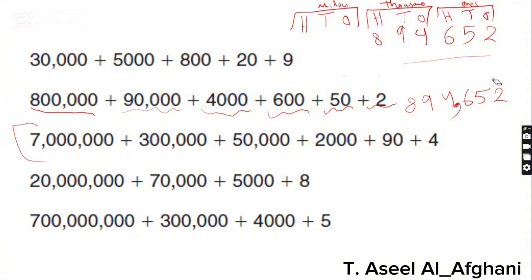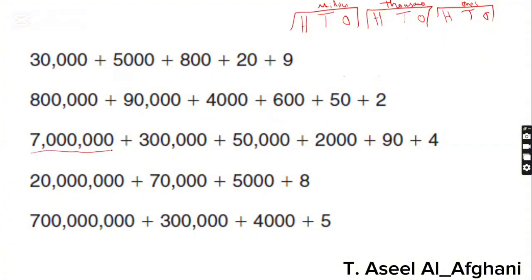What about this one? Come on. 7 million. So 7 ones millions and 300,000. So 300,000. 50,000, which means 5 tens thousands. 2,000. So 2 ones thousands. 90. So 90 is 9 tens. So, okay, how many hundreds do you have? I don't have any hundreds.